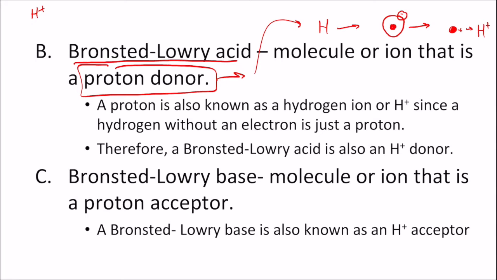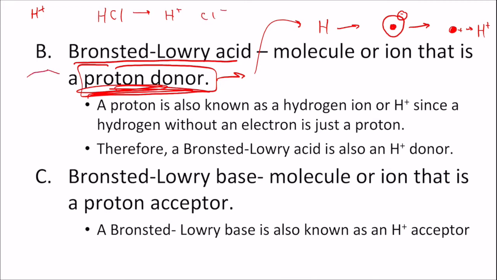So if you donate an H+, or if you are a proton donor, you're going to be a Bronsted-Lowry acid. If we go back to HCl, we said this was an Arrhenius acid because it produces H+, since when you put it into water, it's going to break off into H+ and Cl-.